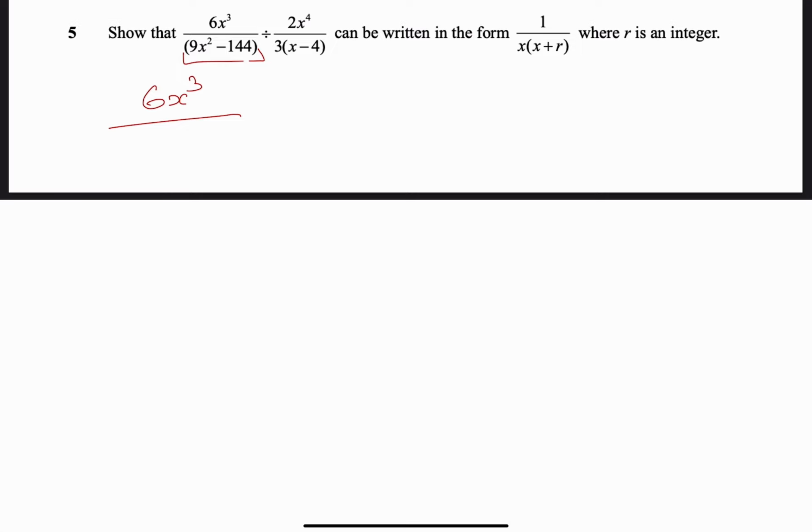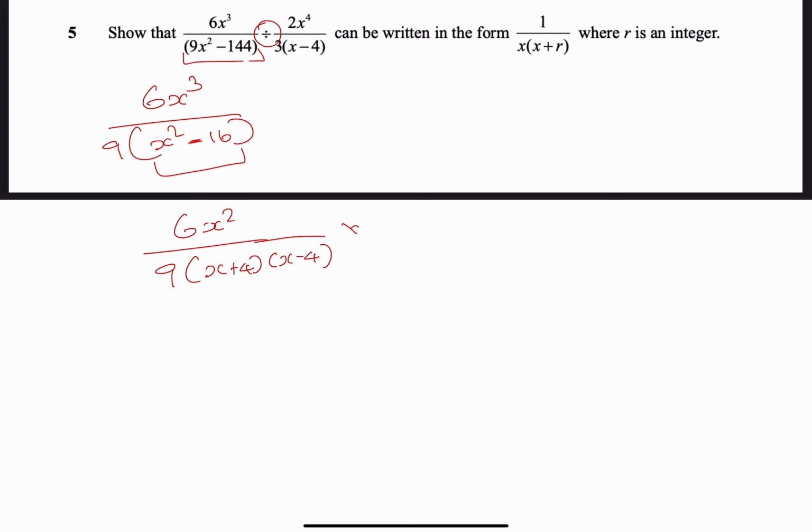How I'm going to do it, because if I say 3x minus 12, then I have to take the 3 out. So I'm going to take the 9 out, it's a common number, x squared, 144. How many 9s are in 144? Which is 16, x squared minus 16, right? So that's technically 6x squared over 9 bracket, difference of squares again, x plus 4, x minus 4 then, whichever order.